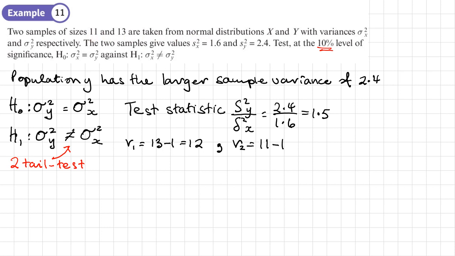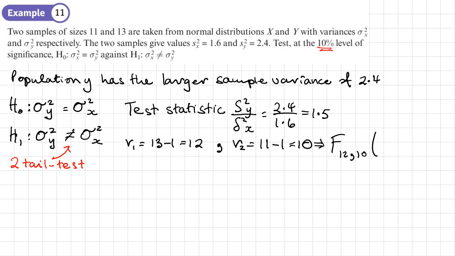So I'm going to find my critical values by using the F distribution with 12 and, oh actually I didn't finish off that sum, did I? 11 minus 1 is 10. Yeah, F distribution with 12 and 10 degrees of freedom. And we'll start off by finding the lower value.